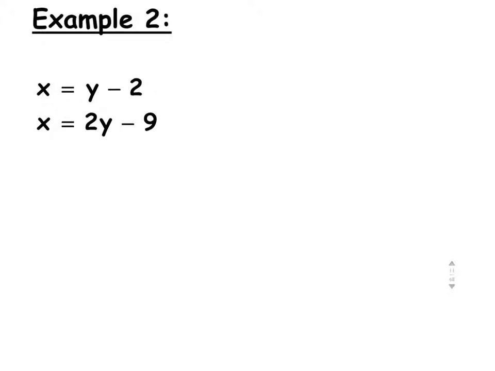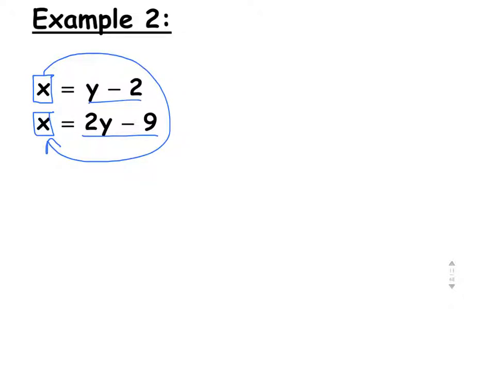All right, let's look at another scenario. Example 2. First thing you'll notice, each equation is already solved for x. X equals y minus 2, x equals 2y minus 9. And so I can think of this as substitution as well, and I can do this either way. X equals y minus 2, let me substitute that value in for the other x.